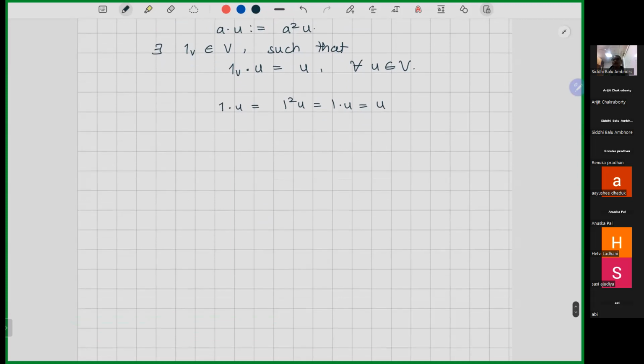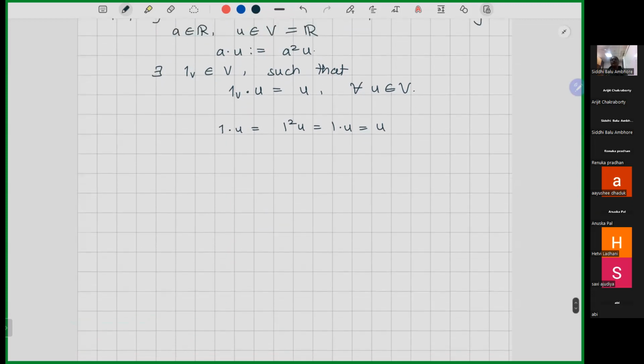I mean, in our case, the way we have defined our multiplication, note that even if I take -1 here, -1 into u will be -1 square u, and now this is real number multiplication, and this is again giving me u. So in our case there are more than one element which is again giving me the same element when I multiply that element by u.